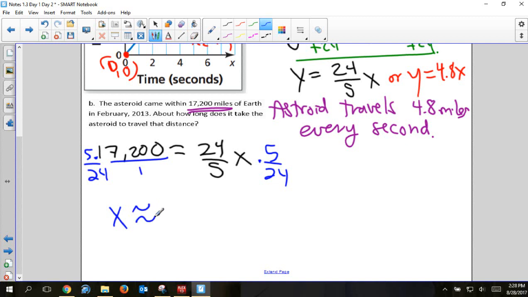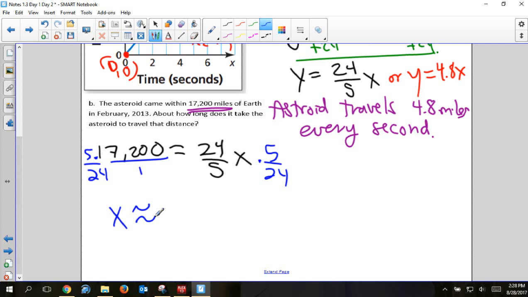You're multiplying 5 times 17,200 and then dividing by 24. What is that number on there? Did you not just have it on there?